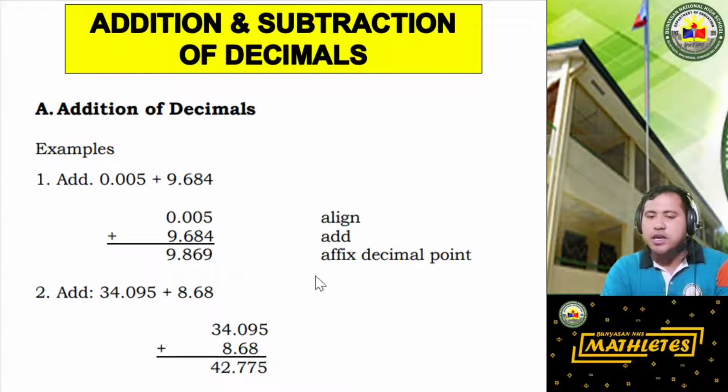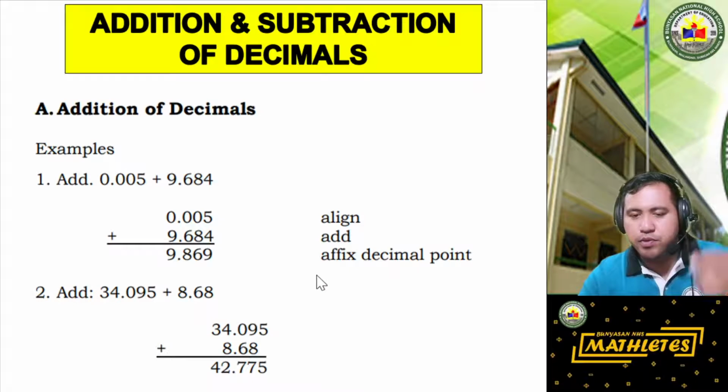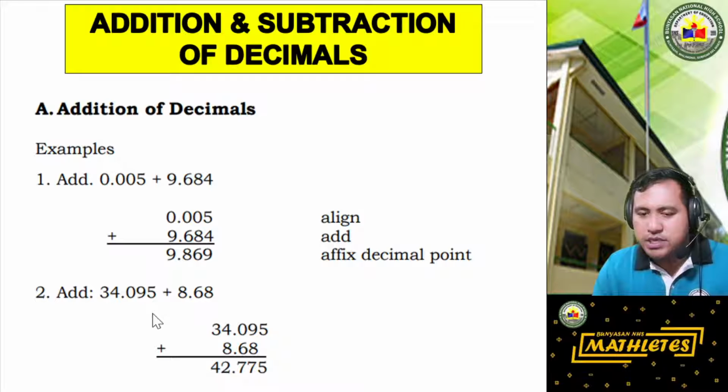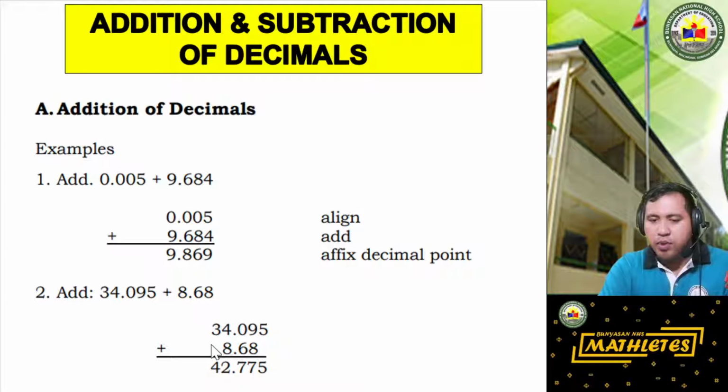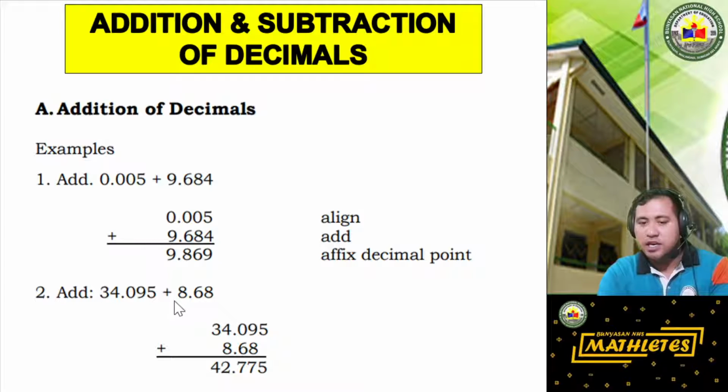For example number 2, you have to add 34.095 plus 8.68. We have to align. 34.095 has 3 decimal places, whereas 8.68 has 2 decimal places.